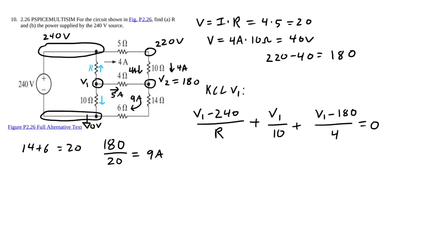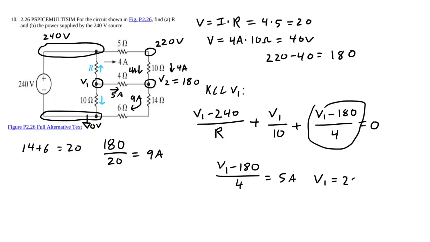So if we have 5 amps going that way, that means we have 5 amps leaving, which means that V1 minus 180 divided by 4 is going to equal 5 amps. So let's do that real quickly. We have 20 volts. That means V1 equals 200 volts.